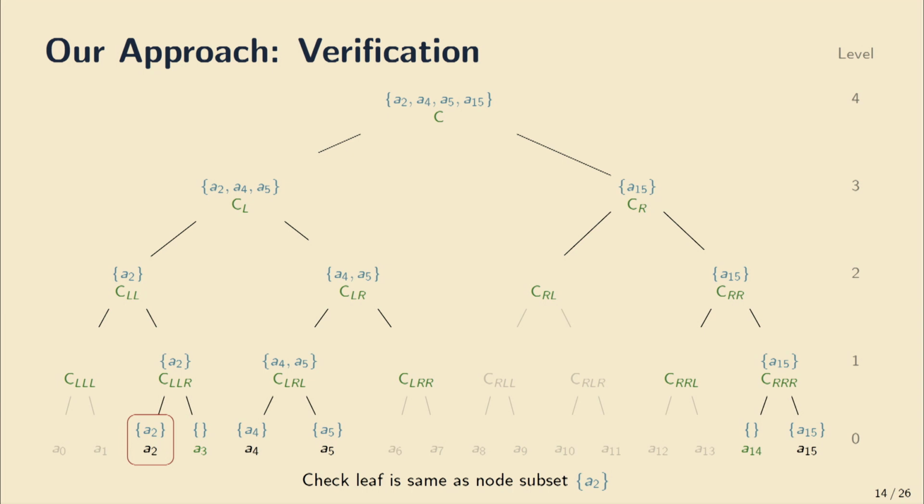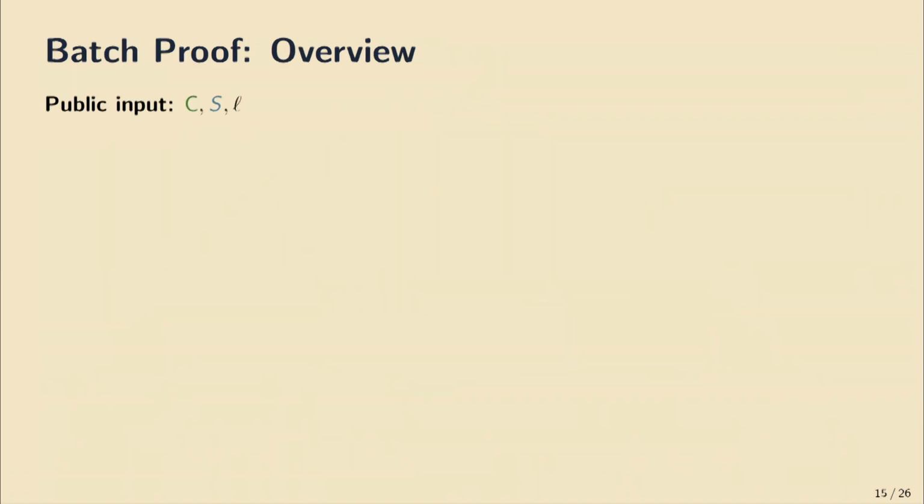Now, how do we turn this into an efficient batch proof? We're going to use the notion of a recursive SNARK, and I'm going to present to you the recursive circuit. The public input of the circuit is, again, the digest of the Merkle tree, the subset S, which is the claimed batch, and the number of levels of the Merkle tree.